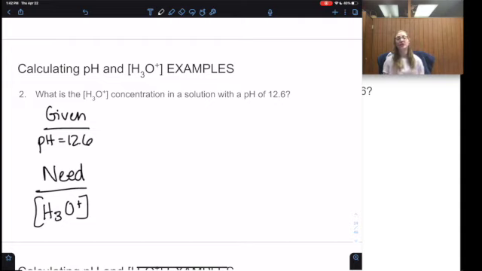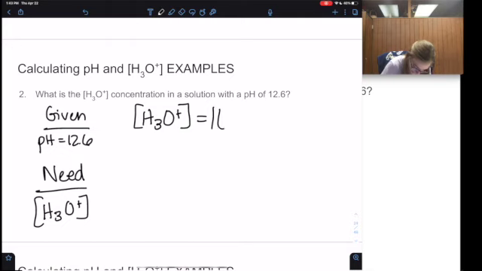We do have an equation that relates the concentration of H3O+ to pH. Technically, if you know how to work logarithms, you can do the math and only use one equation for all of this. However, I have solved the equation for you, and the book shows you the math as well. So the equation we use to relate the concentration of H3O+ when given the pH is that the concentration of H3O+ equals 10 to the minus pH.